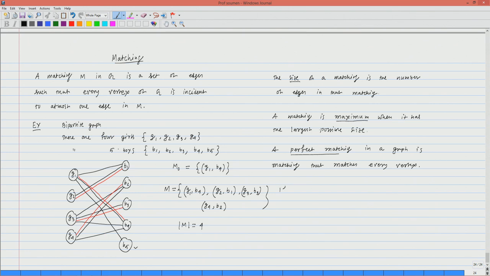So, if a perfect matching does not exist, we are interested to find a maximum matching.